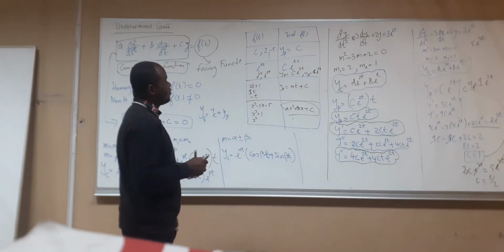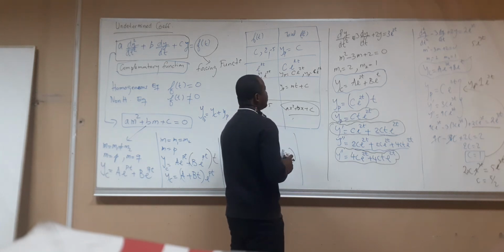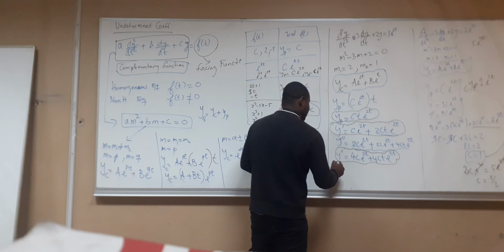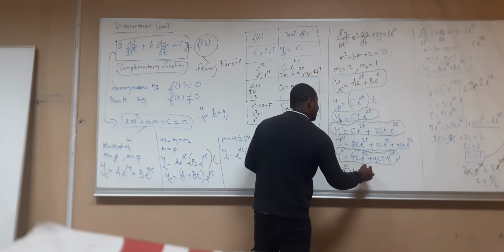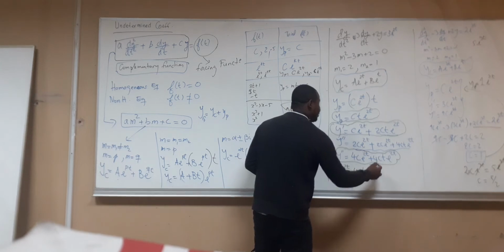Look at what we're going to have. Obviously, we have the second differentiation of y. It's going to give you 4c e to the power 2t plus 4ct e to the power 2t. Alright, this is number 1.